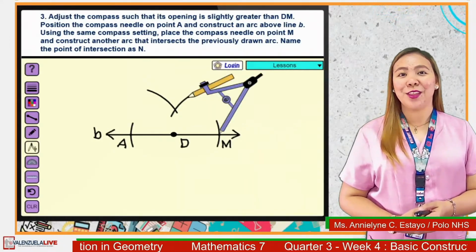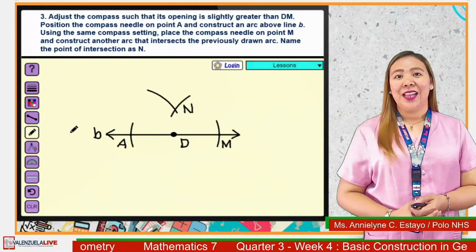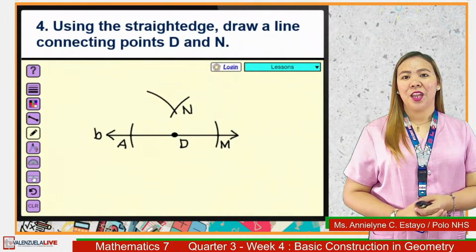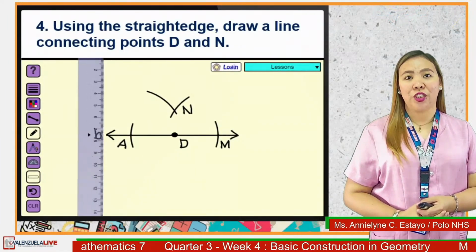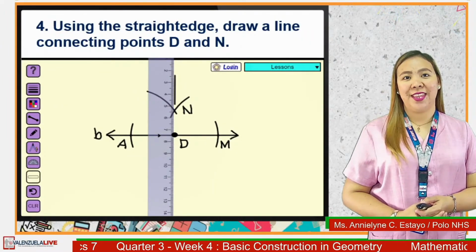Name the point of intersection as N. Lastly, using the straight edge, draw a line connecting points N and D.